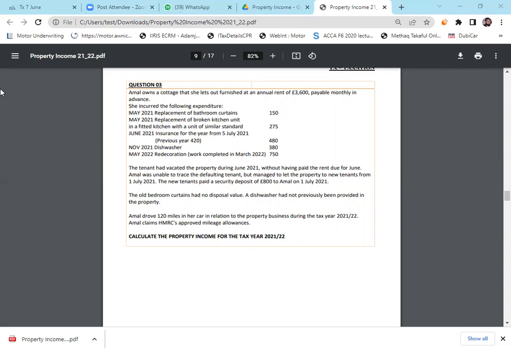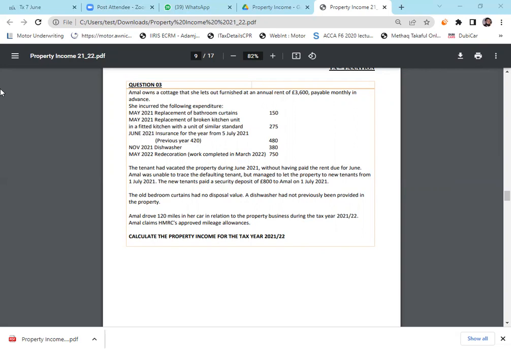June 2021 insurance for the year from 5th July 2021 to 480. November 2021 dishwasher 380. May 2022 redecoration work completed in March 2022, 750.